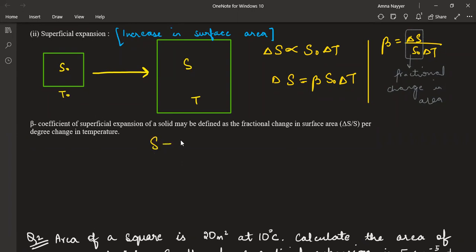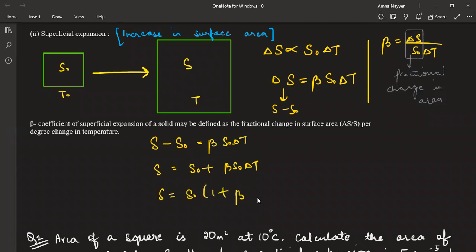Same thing, surface area minus surface area naught. This is the change in surface area, right? Delta S can be written as S minus S naught. This is equal to beta S naught delta T. Shift this here, S will be equal to S naught plus beta S naught delta T. So S will be equal to S naught into 1 plus beta delta T. This becomes the formula of it.